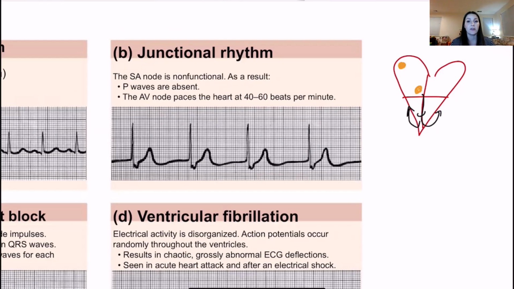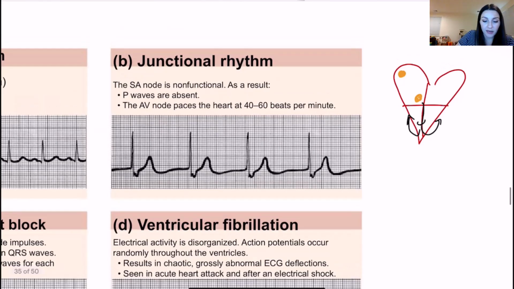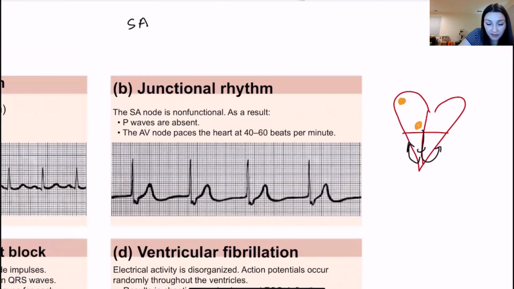The AV node and the SA node each have their own rhythms. So if left alone, the SA node, I'll write it at the top here, SA node, that sits happy at like 75 beats per minute. So if the SA node is in charge, which it normally is, about 75 beats per minute, that's where we're at.